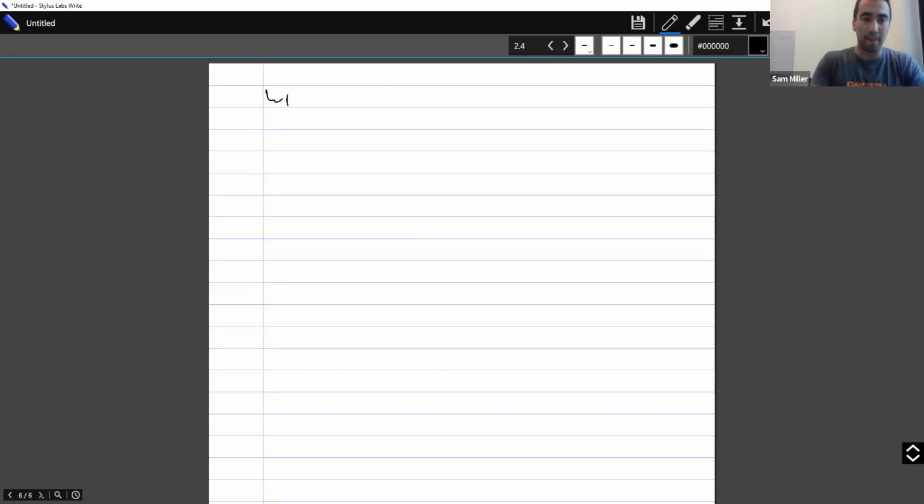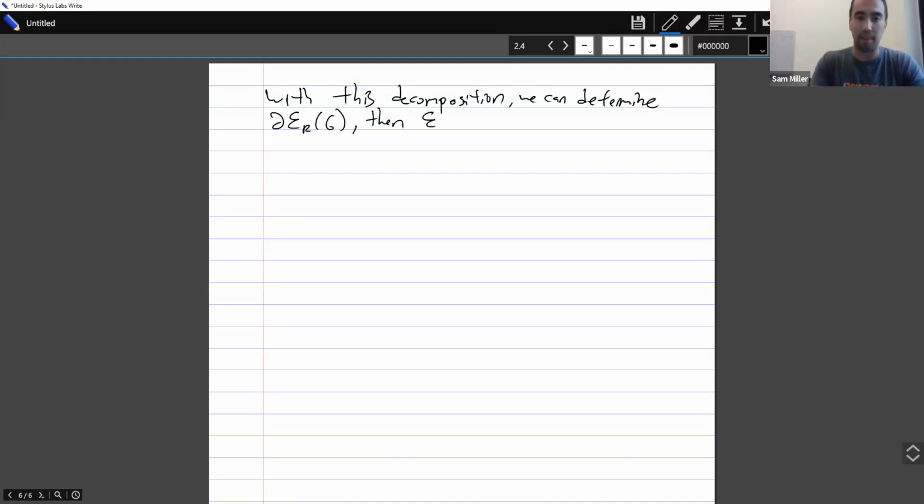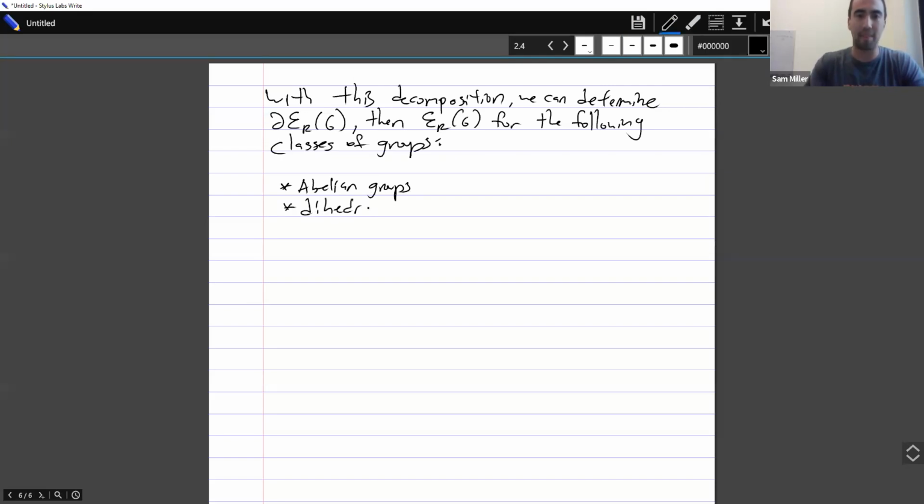Okay, with this decomposition, we can determine the partial EKG, then EKG for the following classes of groups, and probably more as well, almost certainly more as well: abelian groups, dihedral two groups, quaternion two groups.